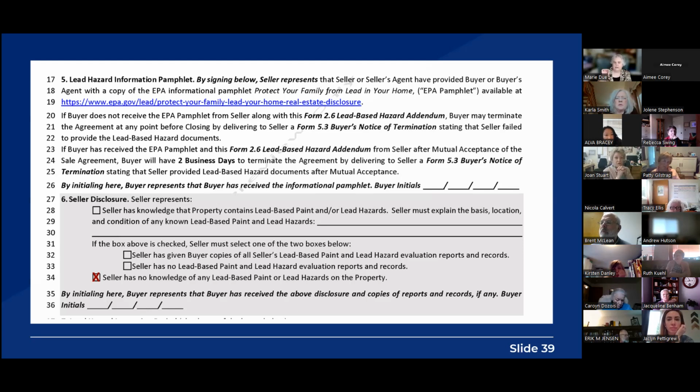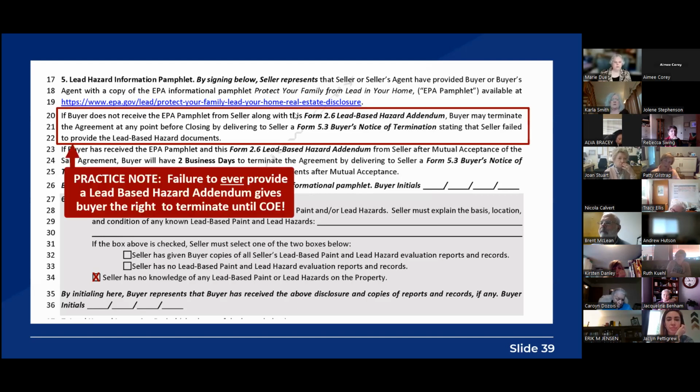Keep in mind, if they don't get that lead-based hazard booklet, the EPA booklet, they could walk at the day of closing, and that's within their rights. So that's probably one of the bigger things. Failure to ever provide a lead-based hazard addendum gives the buyer right to terminate up until close of escrow. And that's probably not used very often, but you need to know that it's there.